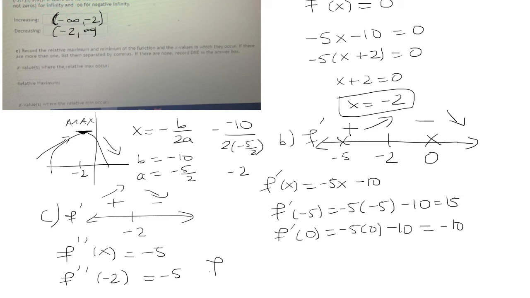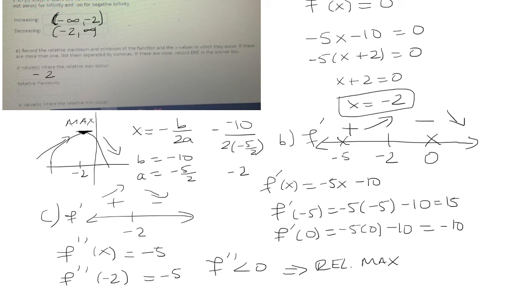And so when the second derivative is negative, that means you have a relative max. And notice there is nothing else. There's no minimum, nothing, just a maximum. So the maximum occurs at x equals -2. So this occurs at the x value, right, -2.